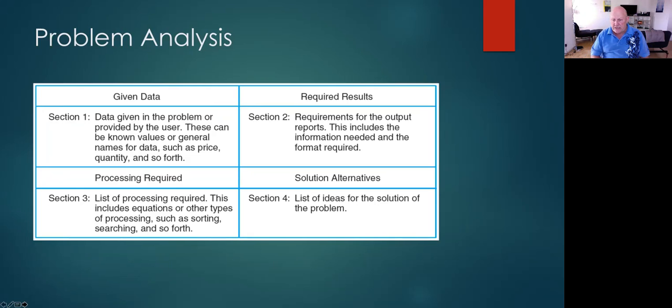This includes the information needed and the format required. Section 3, processing required, is a list of processing required. This includes equations or other types of processing such as sorting, searching, and so forth. And the final section, section 4, is solution alternatives, a list of ideas for the solution of the problem.